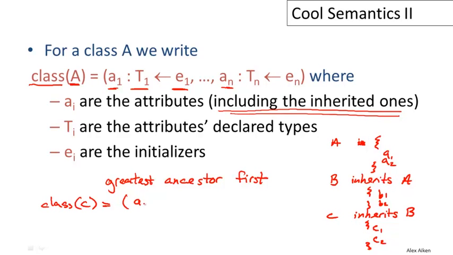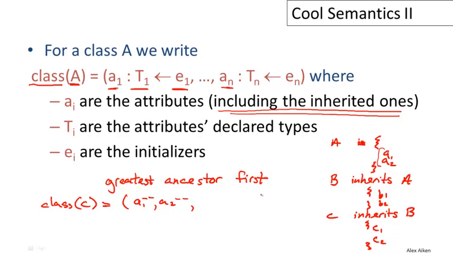First will come A1 and then A2, because A is the greatest ancestor. It's the closest to the root of the object hierarchy. The attributes within class A, or within any class, are always listed in the order in which they textually appear. So first comes A1 and A2. Of course, the type and the initializer are also listed here for both of these attributes, but we're just concentrating here on the order in which the information appears.